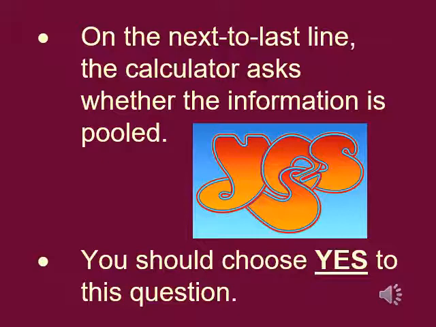It has pooled question mark, yes, no. The reason it asks that is that there actually are different formulas that can be used to calculate both t and the p-value that you would have for a result, and it depends on whether your data could be related to each other or not. For our purposes in this class, every problem we're going to do, you want to just choose yes for that. Once you've done that once, it should stay there for every other thing you do after it.